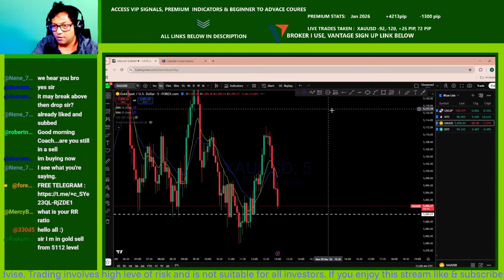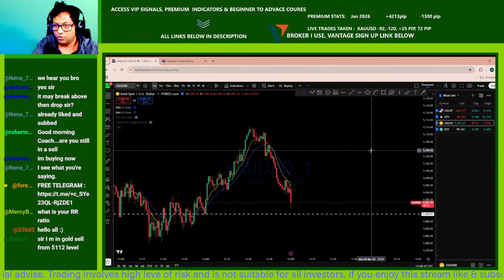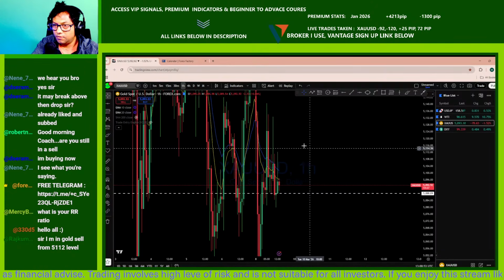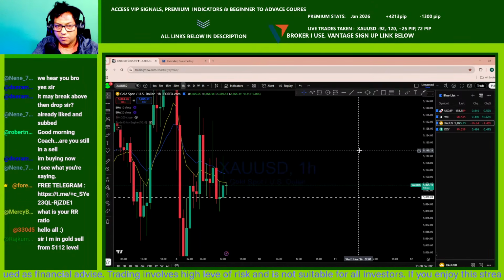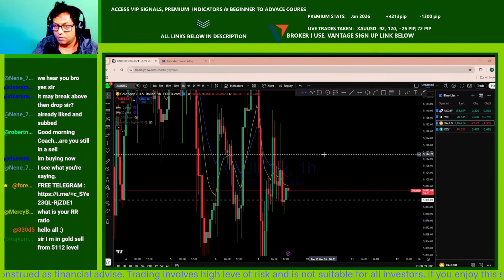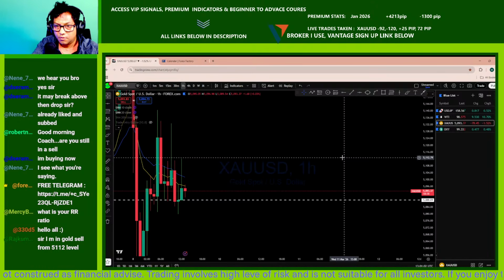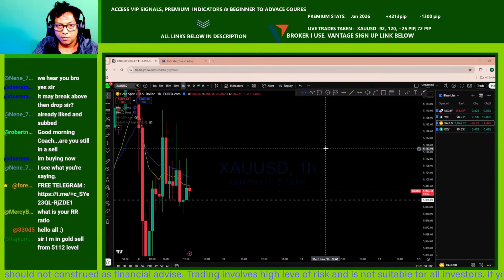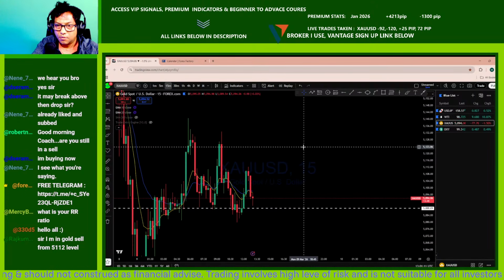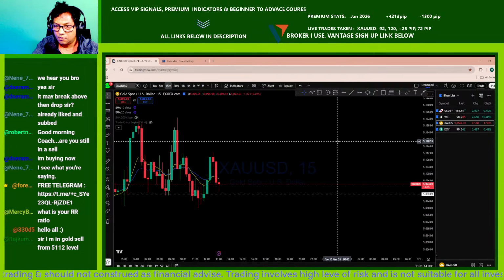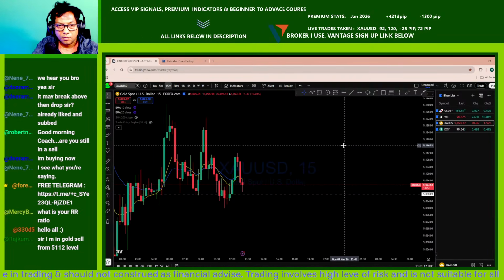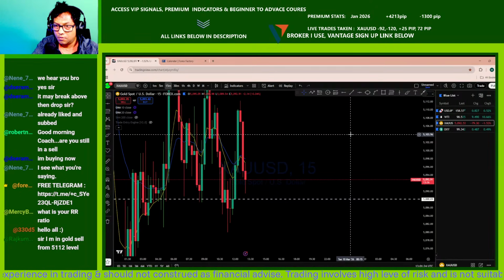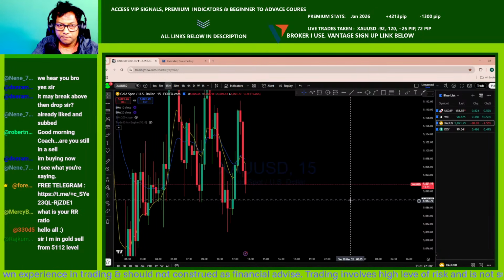Okay, so market structure showing downside from the 1 hour. It's approaching this gap level here.